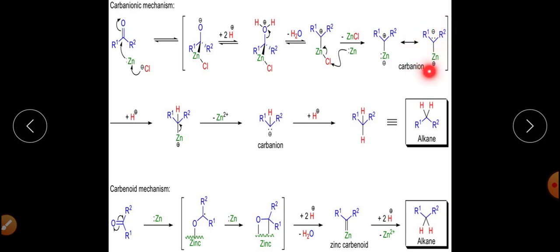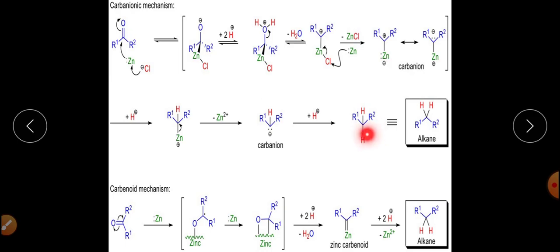After this, the formation of this carbanion will accept H positive and will now carry H with carbon, and finally the zinc will be eliminated in the form of Zn2 positive and it again gets converted into a carbanion. Now this carbanion again will accept H positive as the reaction is carried out in the acidic medium.